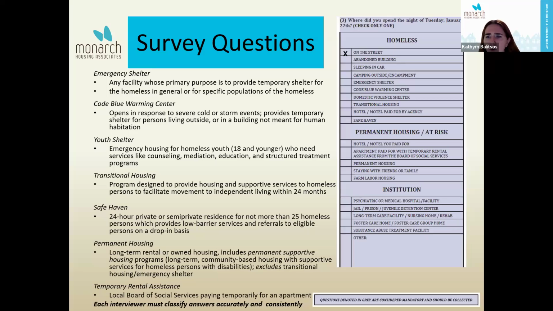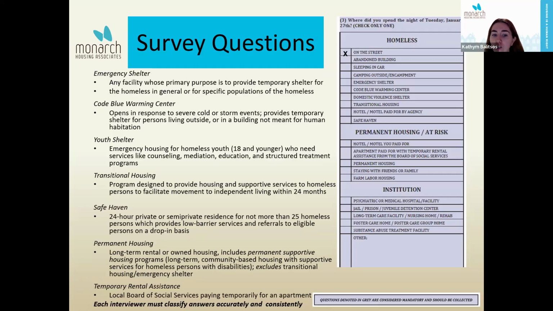Okay, so Nicole, I'm not sure if you're still on, but to your question, can we count people in recovery homes? It will kind of depend on exactly where that falls. If it's permanent housing of some sort, like a sober living house, where they're paying for it or have a voucher, a permanent location for them, then you'd put permanent housing for that answer.